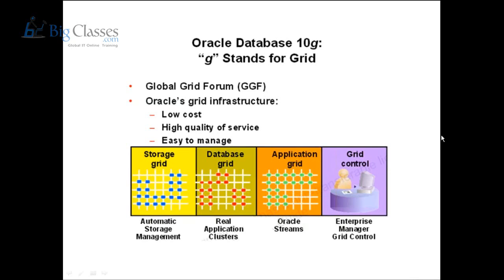So earlier there was a single machine which handled all the operations, right? Your application, database, storage, everything was on a single machine. Okay. So users connected to that and they worked. So the amount of data processed was also less, and the amount of workload was also less, right?